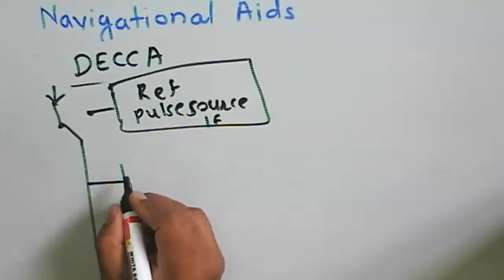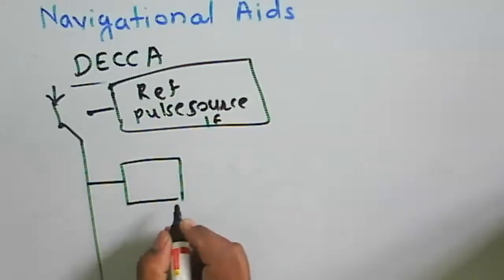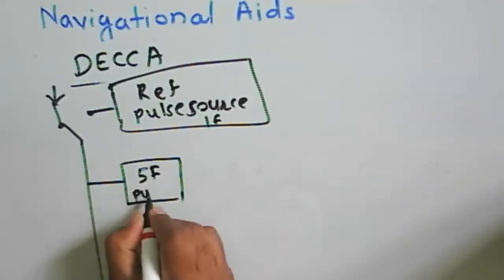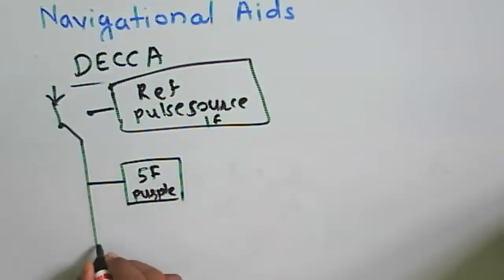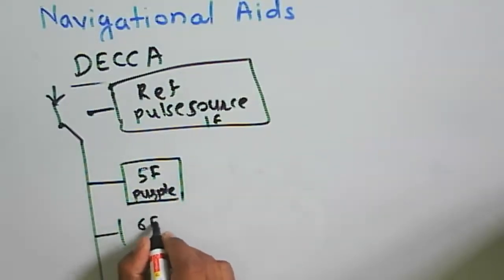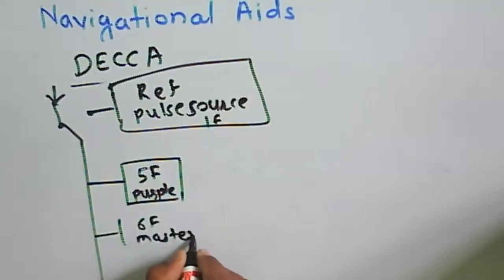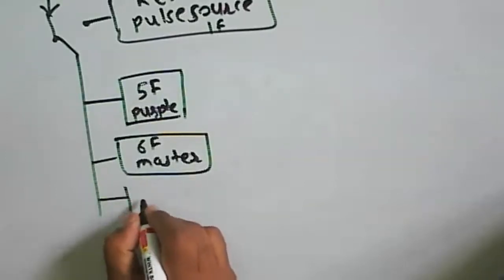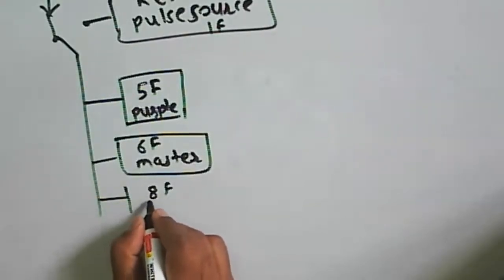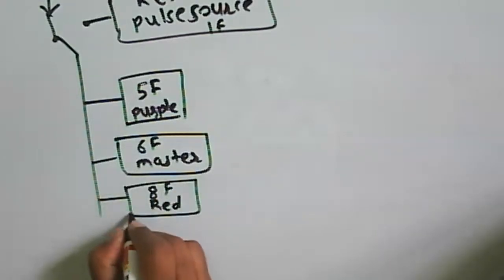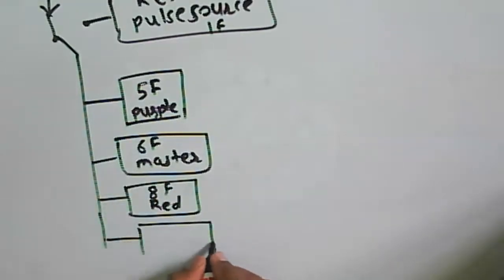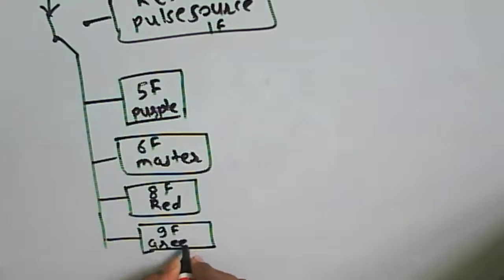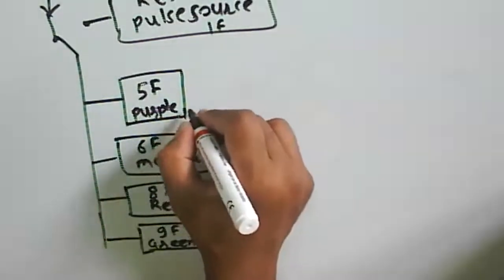For the master, red and purple it will be different: 5F for purple, then 6F for the master, then 8F for red, then 9F for green. Now it will be multiplied.